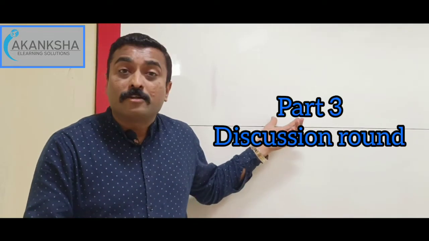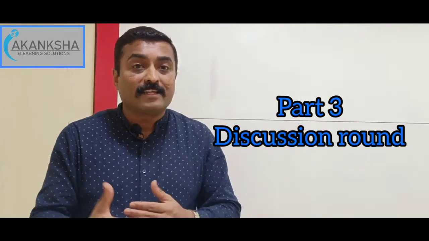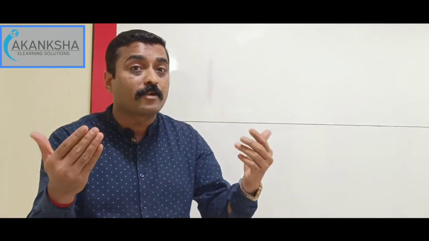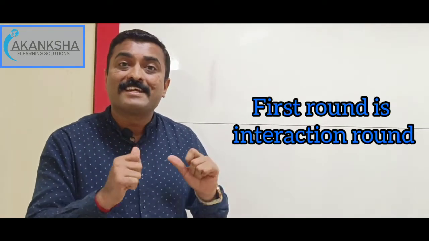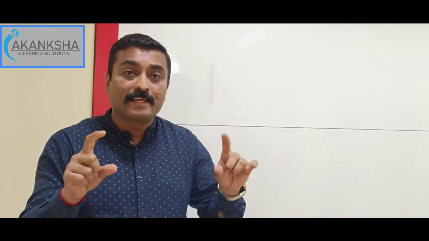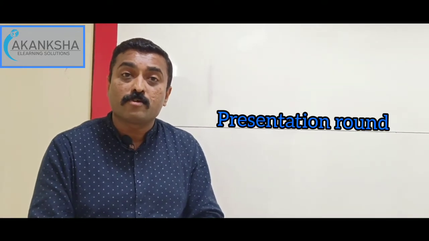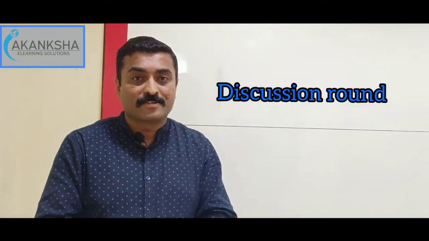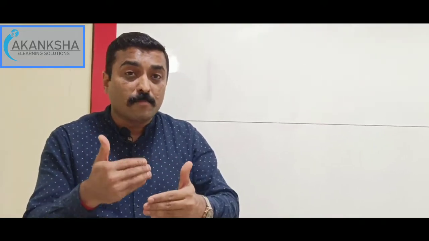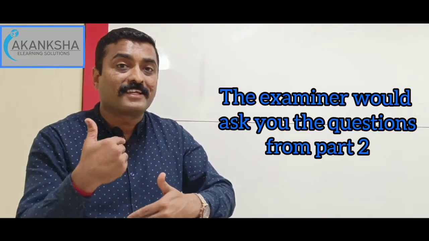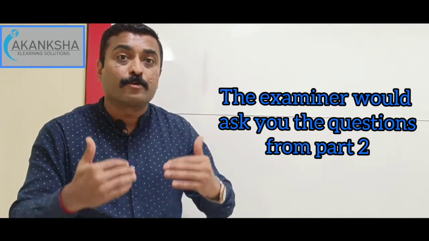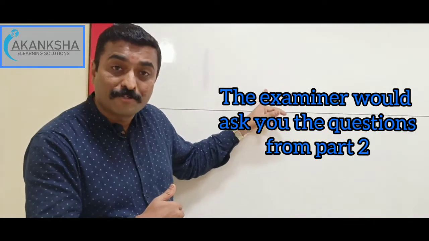Now in part 3 of this test, which is called the discussion round. The first part is the interaction round, the second part is the presentation round, and part 3 is the discussion round. In this, the examiner is going to ask you questions on the basis of the concept of the topic that you got in part 2.